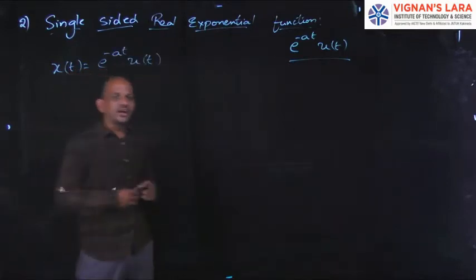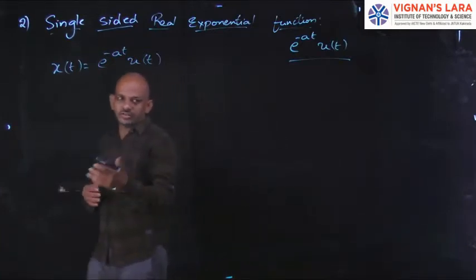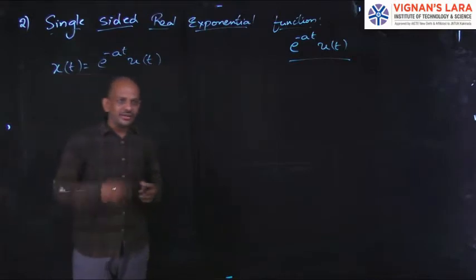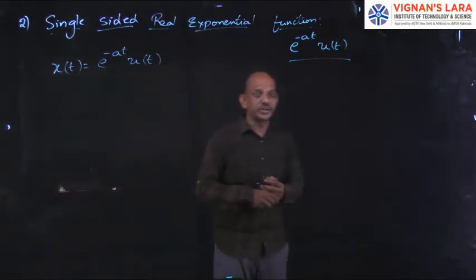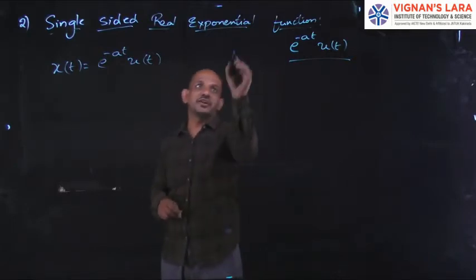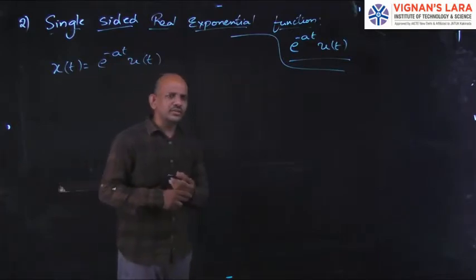So for this I have to find the Fourier transform. To find the Fourier transform, I need the formula of the Fourier transform, and I need the definition of u of t. Here u of t is the unit step function, very, very important. So what is the value of u of t?